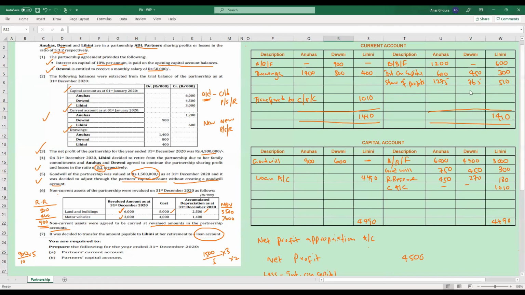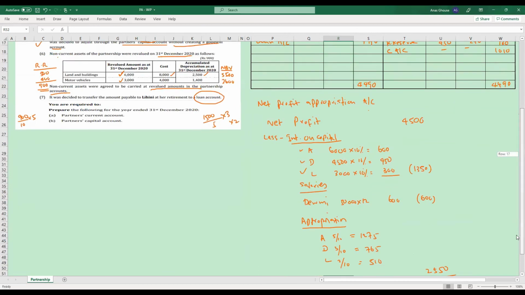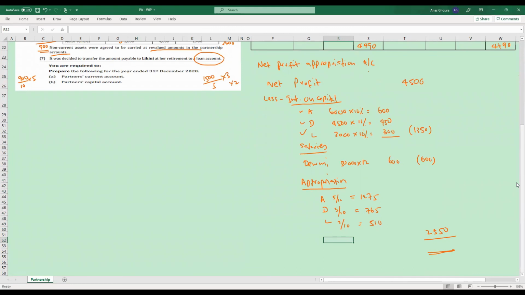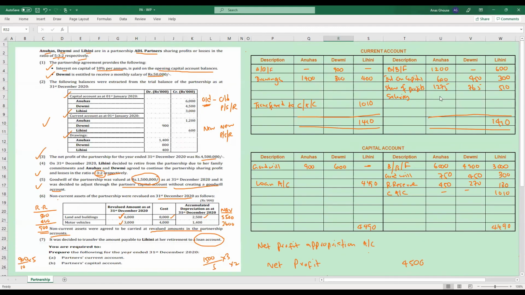And we forgot to record the salaries. Here we recorded that Devmi should receive 600,000 as salaries. The total will be 1,815,000 here.